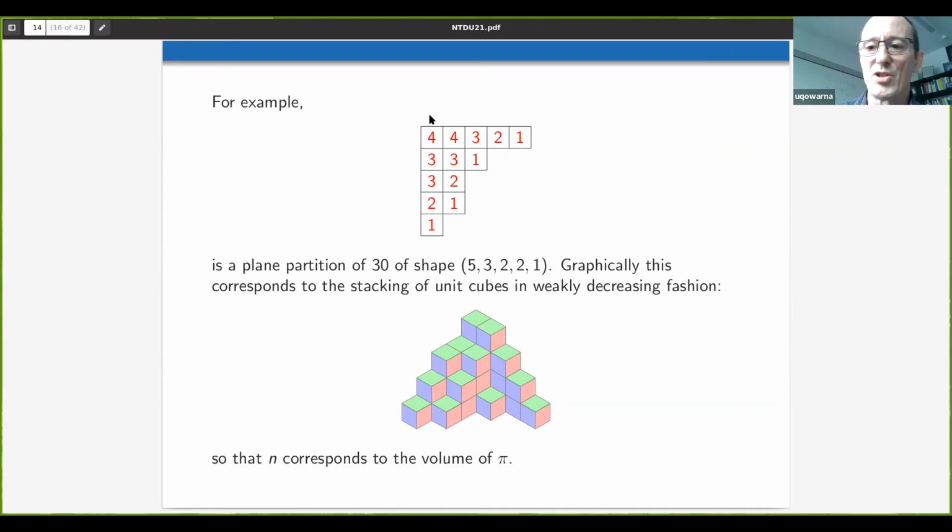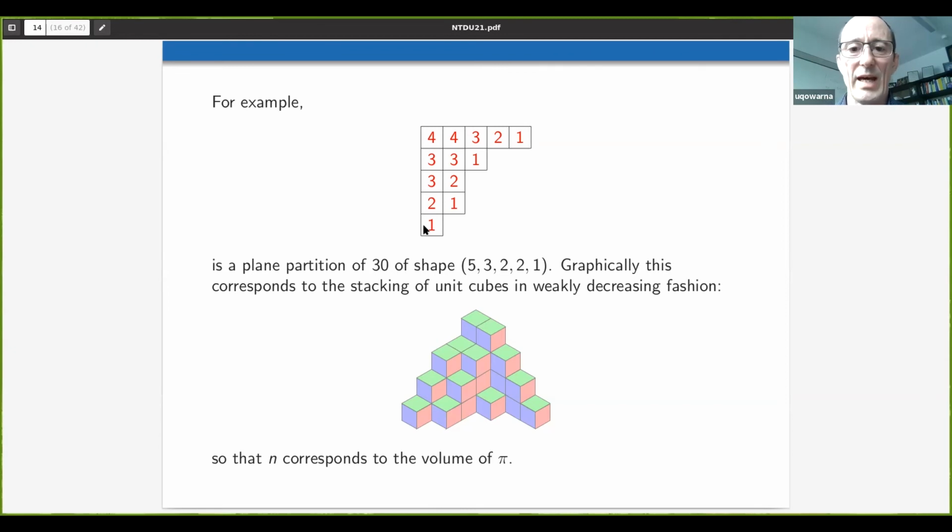If I start to put this on top, that's not going to work because I need to be weakly decreasing if I go down. If I put this 1 here on top, for example, I have a 1 followed by a 4, that is just no good. So a trivial wrapping just doesn't work.